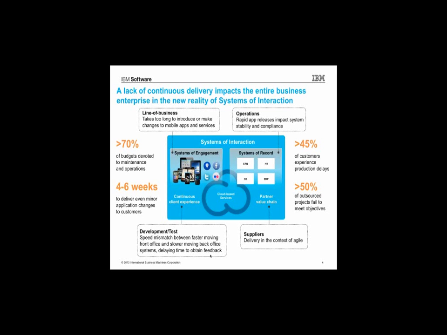They're focused mainly on how to make sure that systems are stable and compliant and operate well, and sometimes these agendas just don't meld together very well. And thus we have all these challenges: 70% of budgets are devoted to maintenance and operations, and it takes a month or 2 months to deliver even a minor tiny change in software development, mainly because getting it out the door just takes forever.